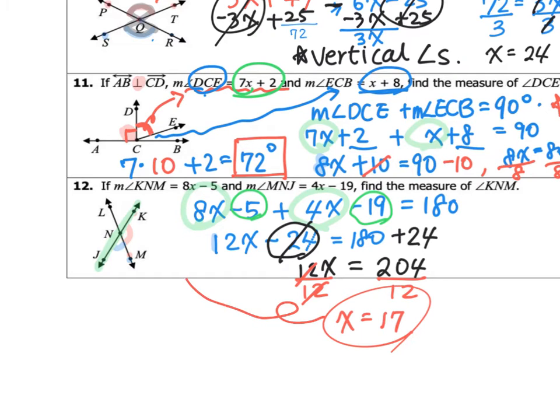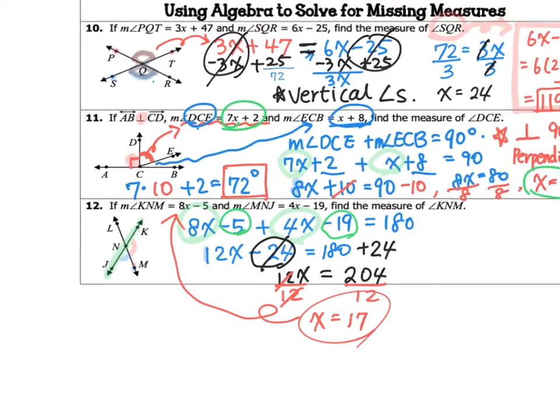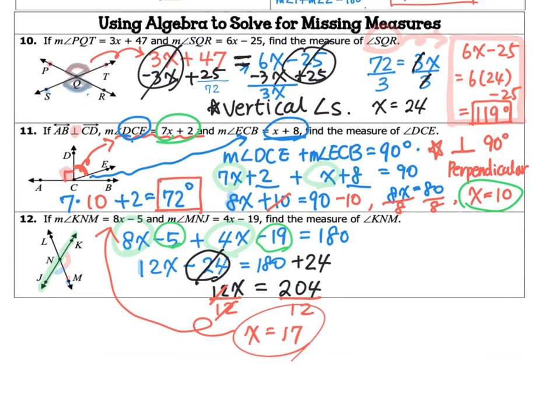We need to plug it into angle KM, because that's what the question is asking us to find, right? So the measure of angle KM equals 8 times 17 minus 5. All right, calculate. Oh, I forgot you already did it yesterday, right? So that will be 131 degrees.